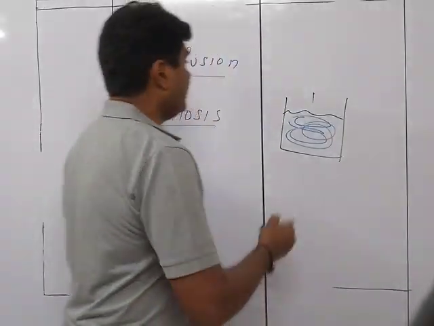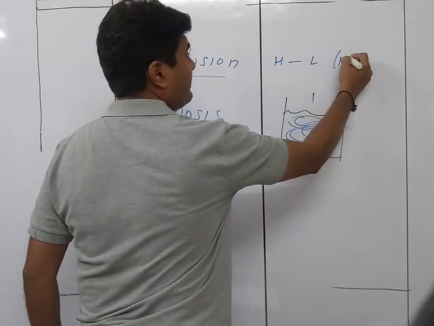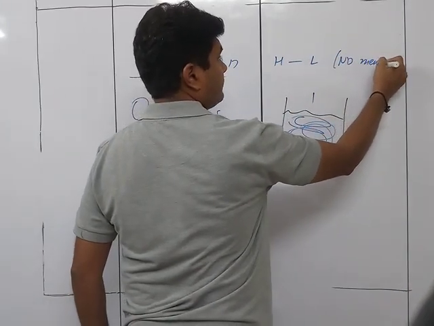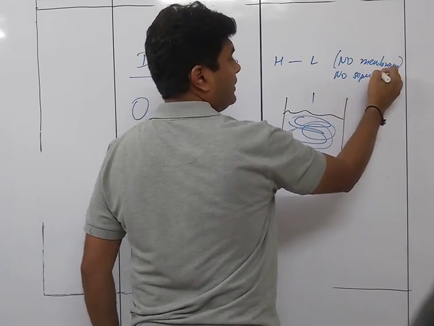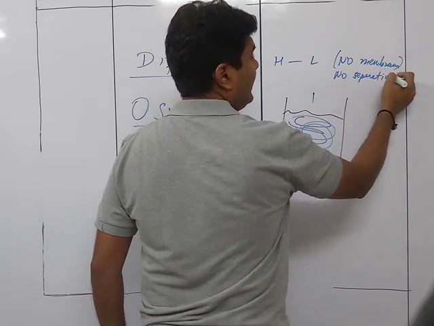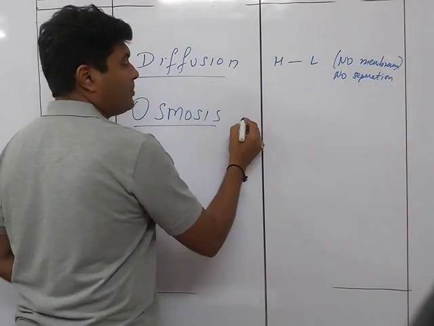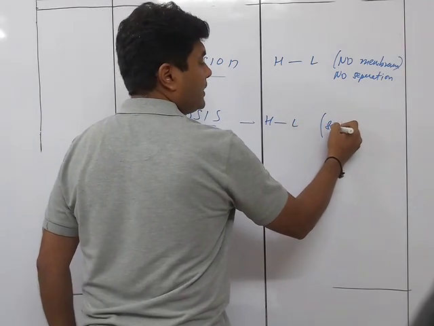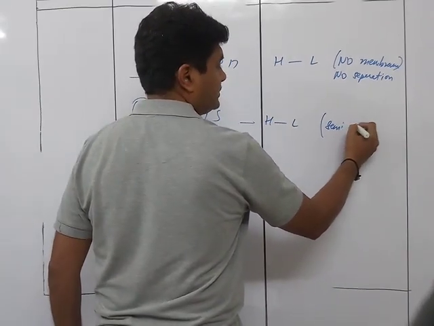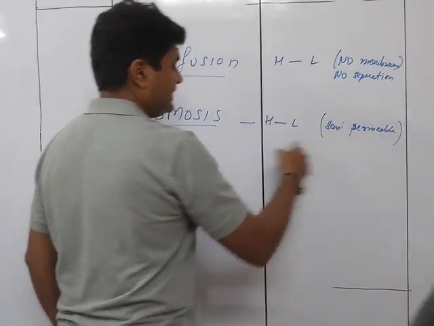So in diffusion it is from higher concentration to lower concentration, but with no membrane, no separation. Whereas in case of osmosis, it goes from a higher level to lower level with a semi-permeable separation. A semi-permeable membrane is there between the two.